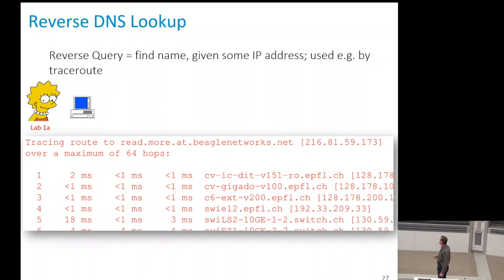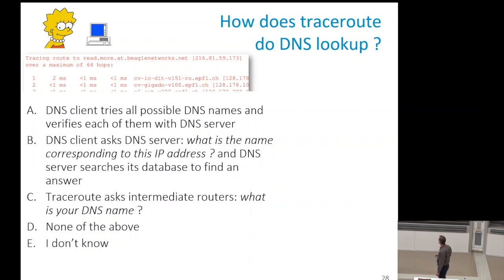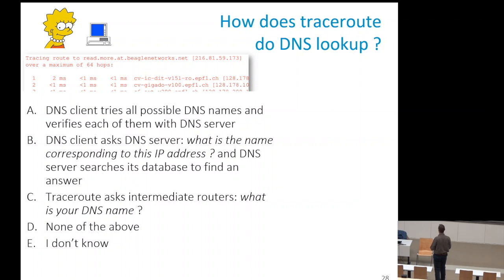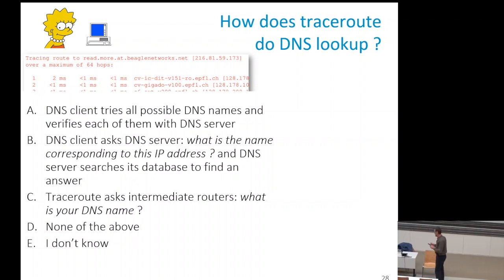It's not the mechanics of traceroute itself. How do you think that you could do such a thing? If you have a program whose job, like traceroute, is to pretty print names instead of IP addresses, how would you do it? So the majority thinks that traceroute asks intermediate routers, what is your DNS name?